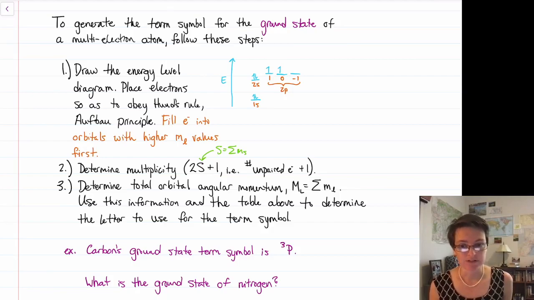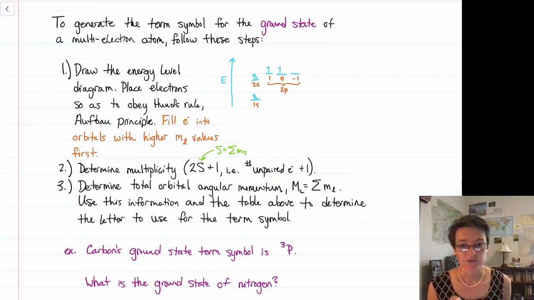Once I've drawn that energy level diagram, then it's up to me to determine the multiplicity and the total orbital angular momentum. Like I just said above, here carbon appears to have 2 unpaired electrons. So this is going to be a triplet state. And I'm going to write for my term symbol a 3 in the upper left-hand corner of the term symbol.